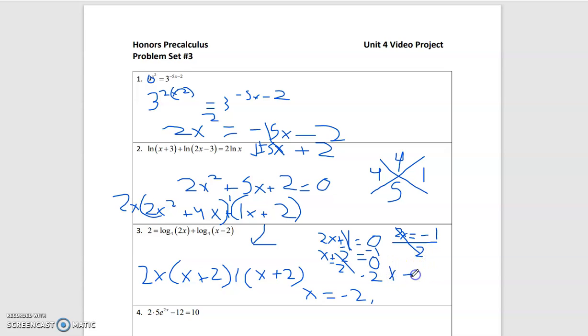You isolate your variable and you get -1/2. And I will just circle that so it is easy to see.